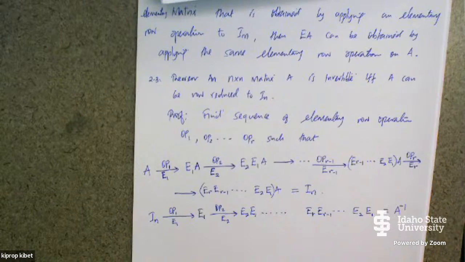Once you reduce the whole of it, what you get on the other side is the inverse of the 3 by 3 matrix. So this is what this theorem means.